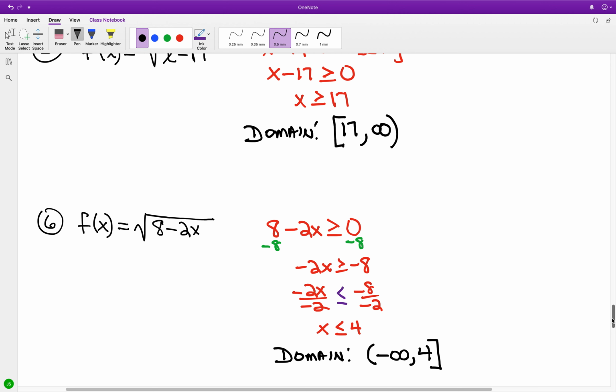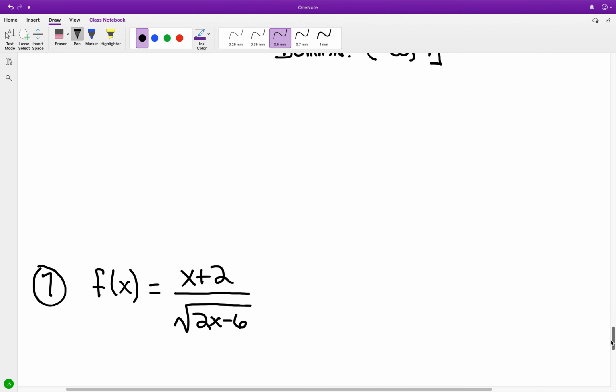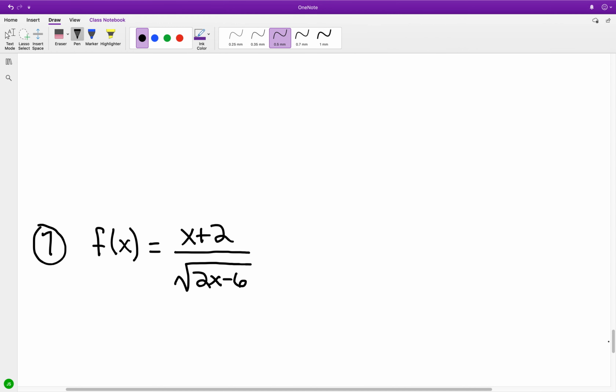Now, for this remaining case, we have an expression that is both a fraction and one that consists of an even root radical. In the case of 2x minus 6, because we have a square root, 2x minus 6 cannot be negative.